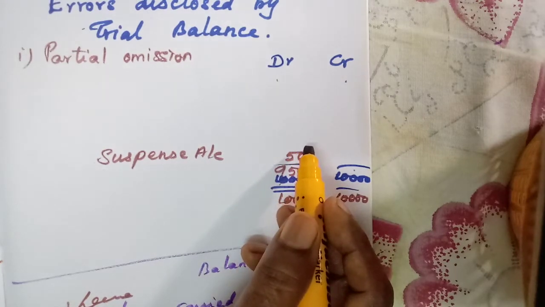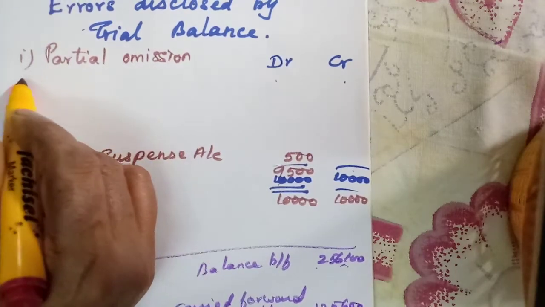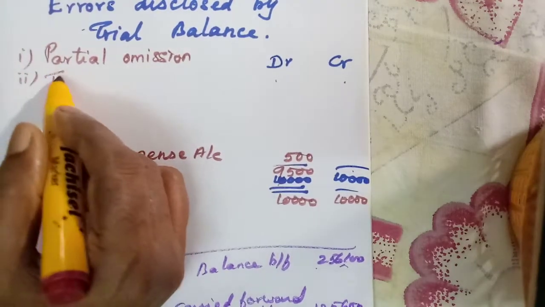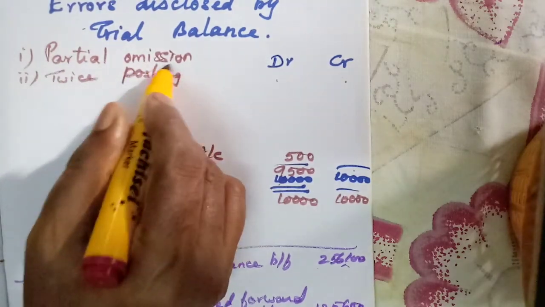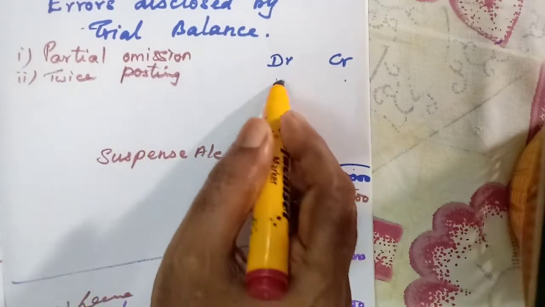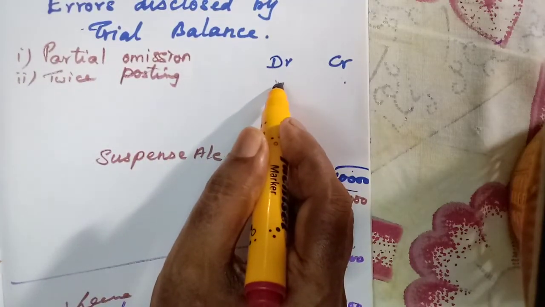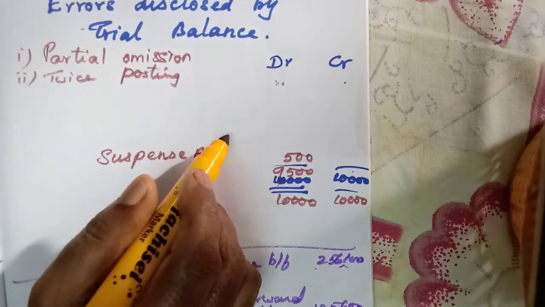Then if we have posted twice, instead of posting one time, if we have posted two times, for example a debit of 500, it will not get tally, isn't it?